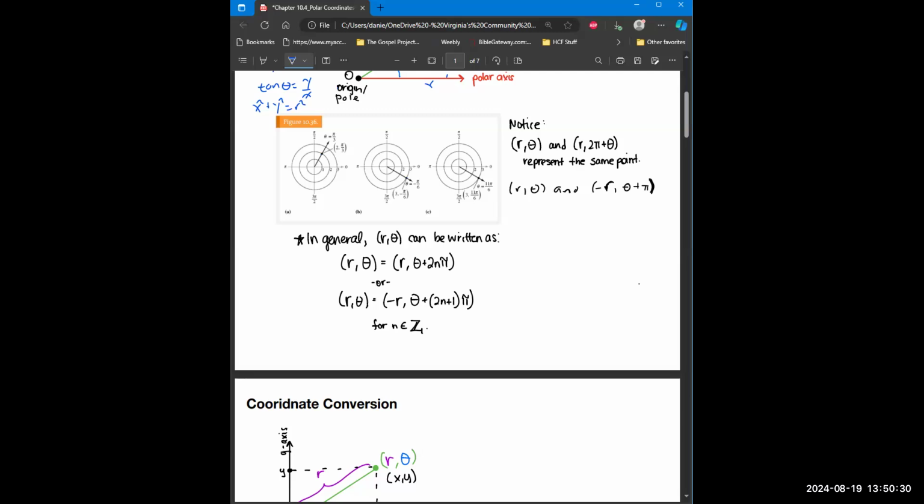Or this idea here extends to all odd multiples of pi. And so I can take r, theta and change it into negative r, and then theta plus an odd multiple of pi, and that works for all integers n here. That capital Z that's bold there is the set of all integer values.